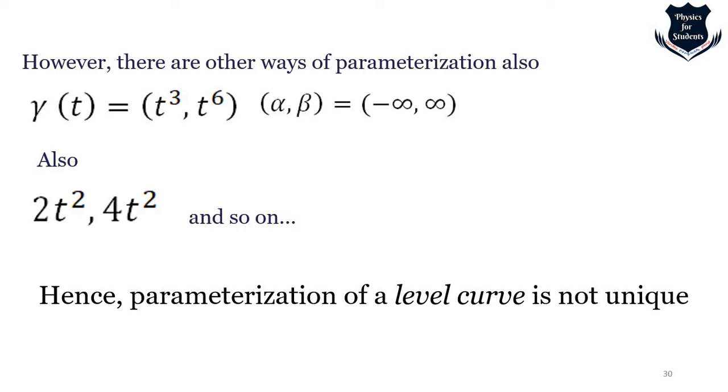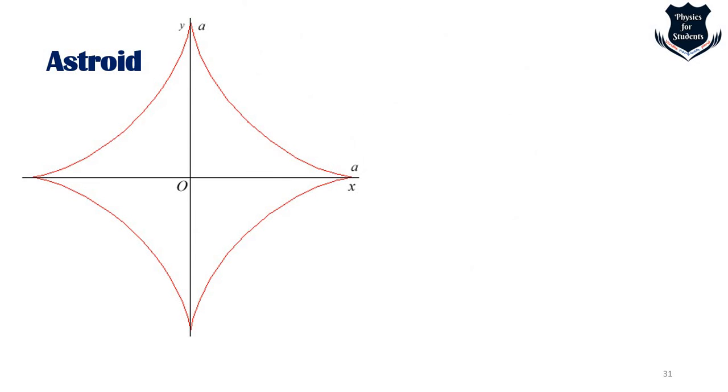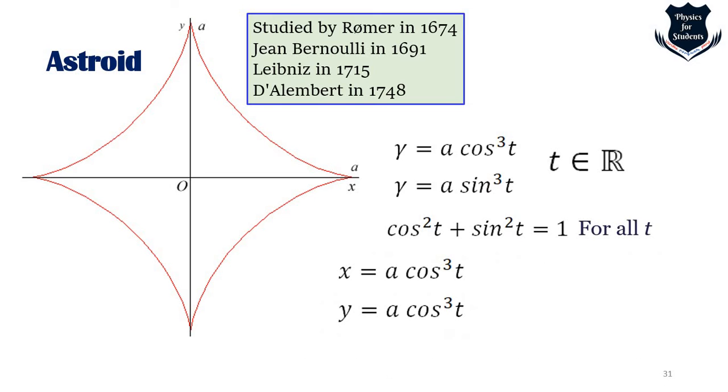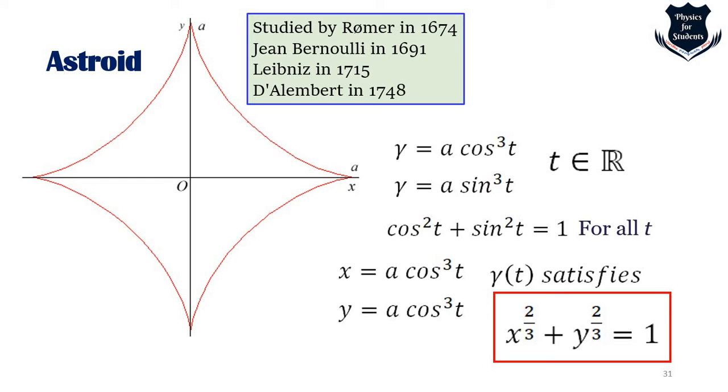So we can find a few other ways. Here is an example of what is called an astroid, which looks almost like a star, and it has been studied by different geometers and men of eminence, D'Alembert, Leibniz. So we get a curve and an equation like this, and then we can take cos squared t plus sin squared t equals 1, which we are trying to define for all t, and we get the x and y values, and this one satisfies this, which equals 1.